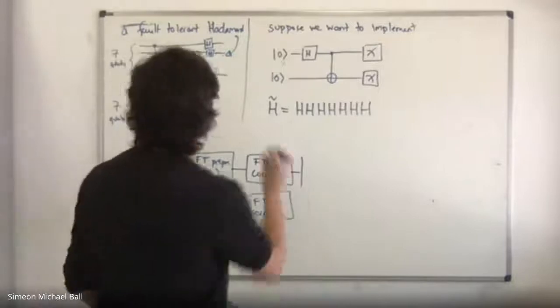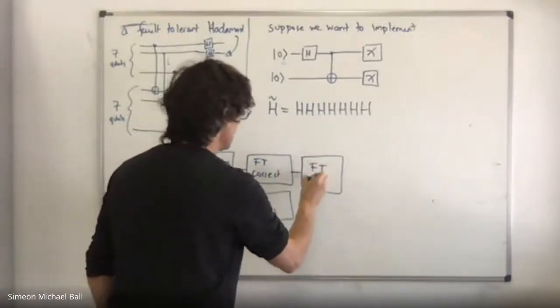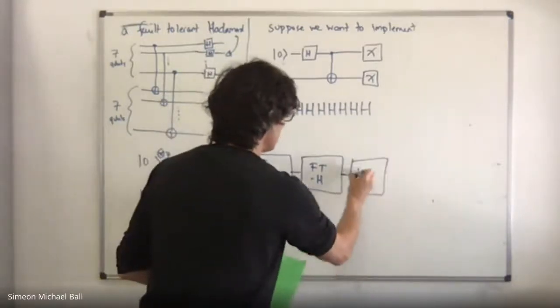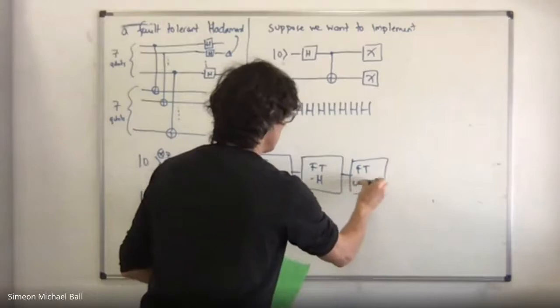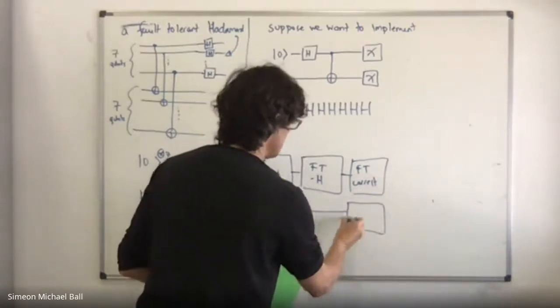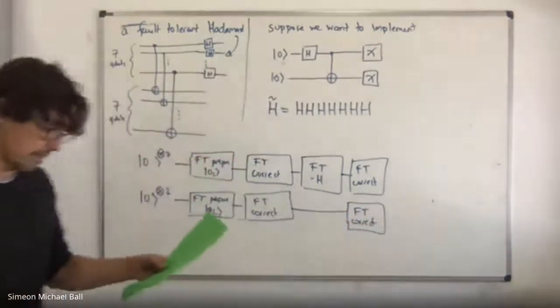Now you can do your fault tolerant Hadamard, which is here. Then you do a fault tolerant correct. And a fault tolerant correct again here, because it may well have been that the state had time to decohere.